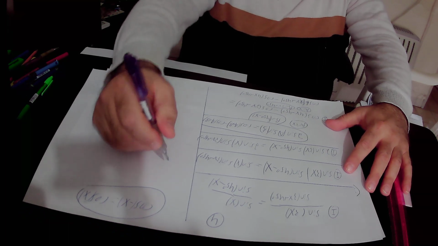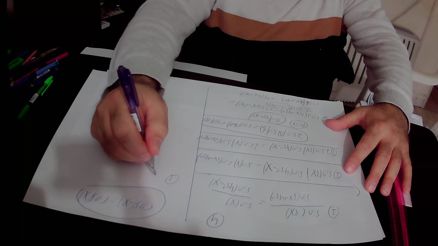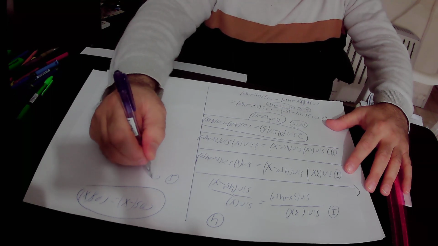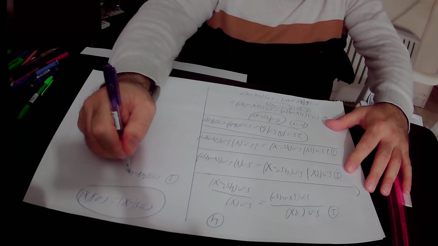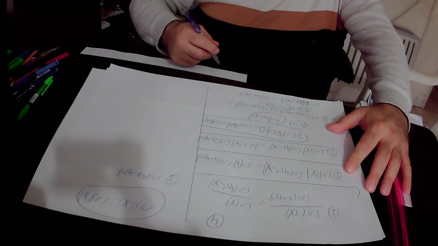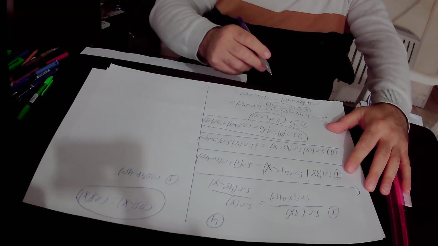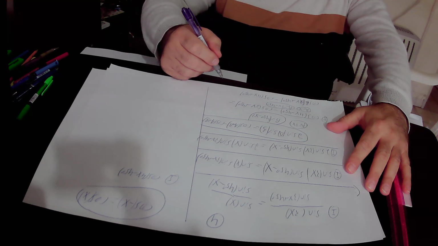So we have here cosine 4x minus 45 degrees. We will add to this equation number 1 cosine 4x plus 45 degrees.